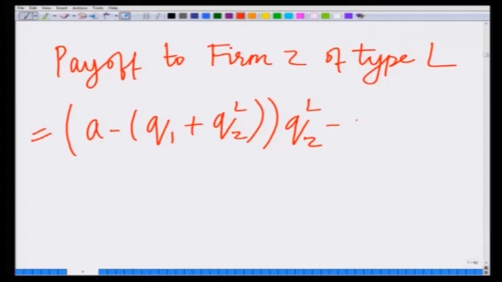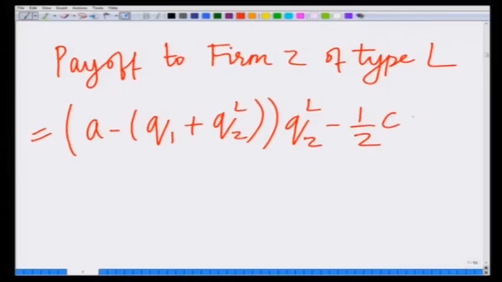Remember, the cost per unit is only half C for firm 2 of type L. So this is minus half C times Q2L.